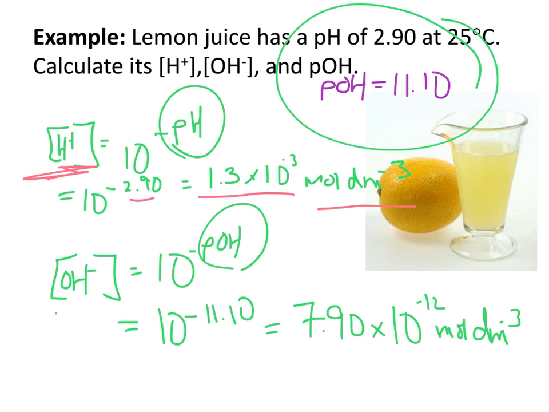For the hydroxide ion concentration, I have 10 to the negative pOH, which turns out to be 7.9 times 10 to the negative 12th. And then again, the units molarity of moles per dm cubed. And actually, as I do this, I realize I have the sig figs wrong on that last one. So let's talk sig figs.